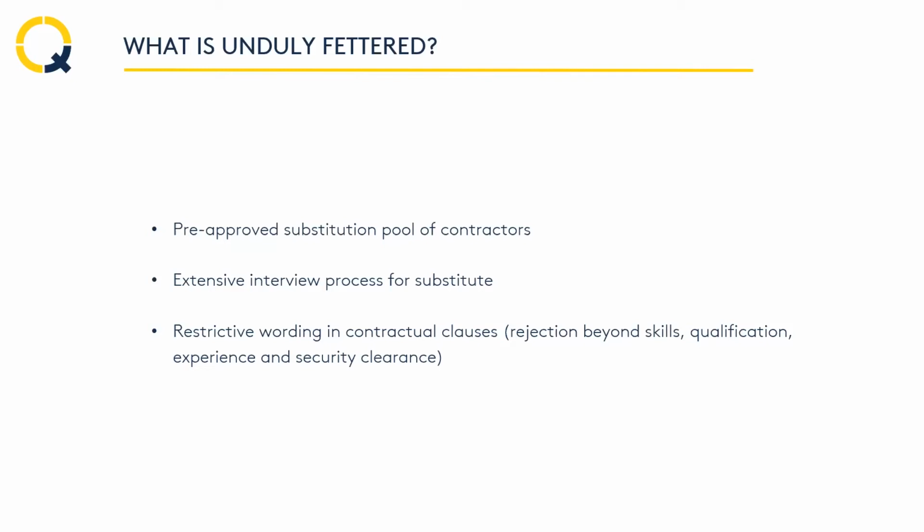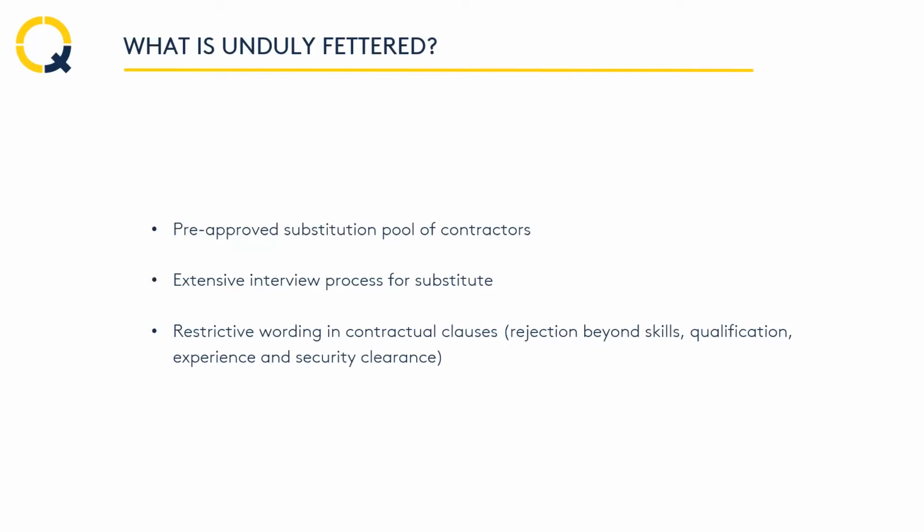HMRC would say, what happens if that contractor went home, slipped on some ice and injured themselves, put them out of action for 2 or 3 weeks, but you had a 10-day onboarding process? There was no way a new contractor could be brought into place in time to fulfil the parameters of the contract. So they would say it has to be a realistic substitution.